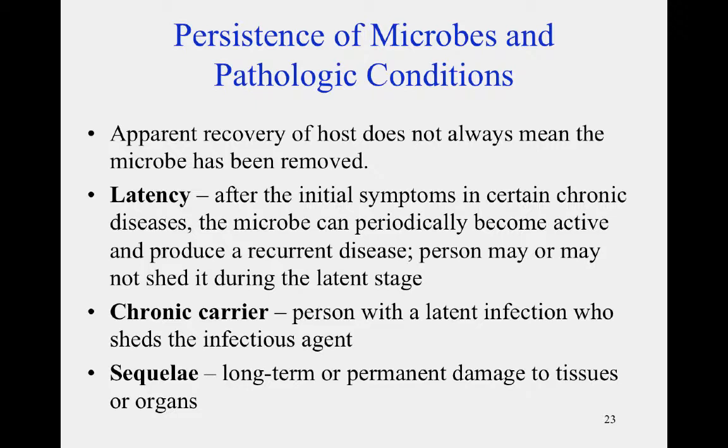Now, another example of a latent pathogen would be the virus that causes both chickenpox and shingles. Varicella zoster causes chickenpox, usually at a younger age, and then it lies latent in a nerve system, later to be reactivated as shingles.